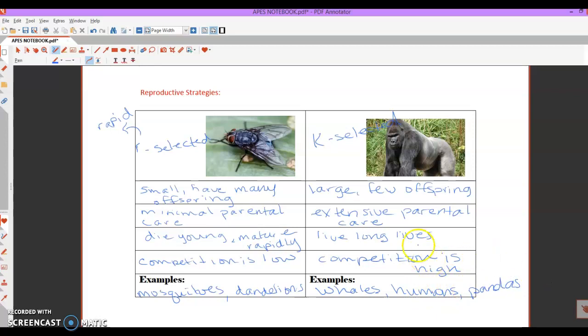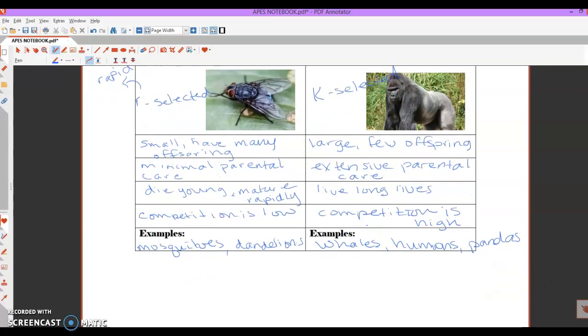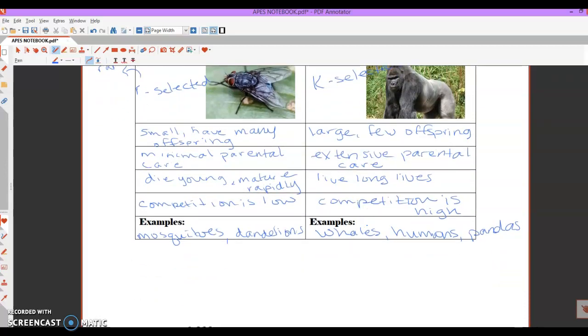Now, both of these types of organisms are controlled by what is called the biotic potential.